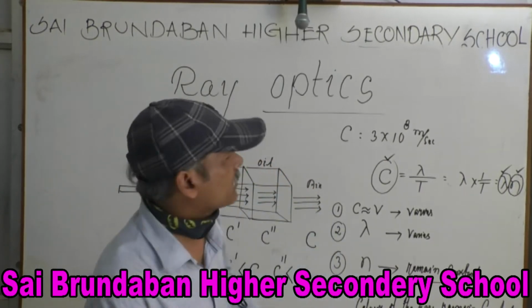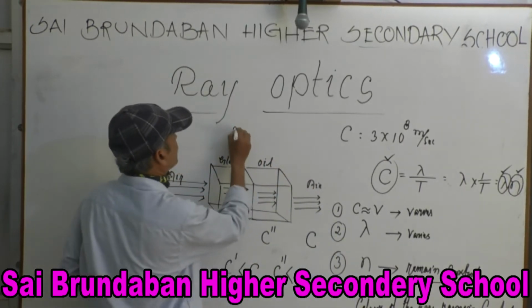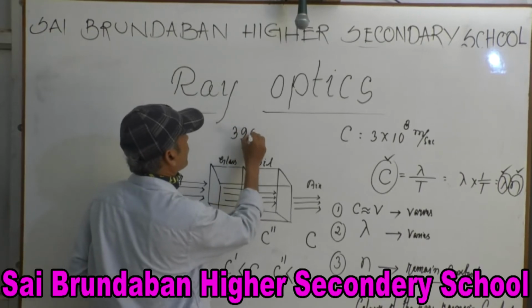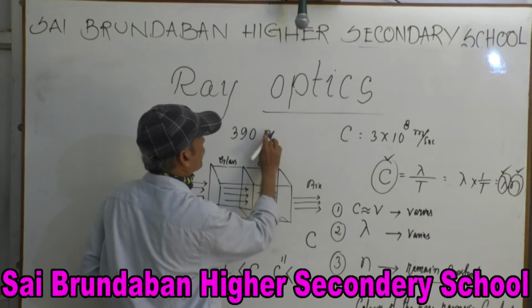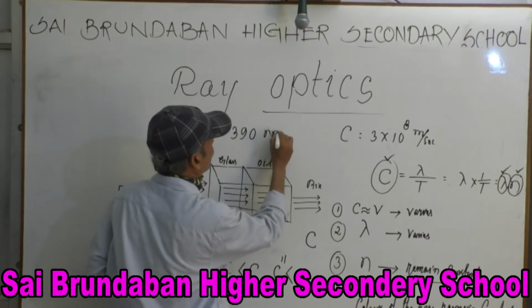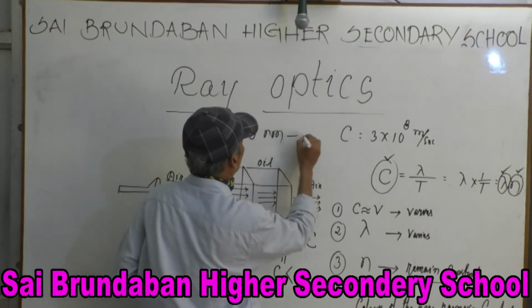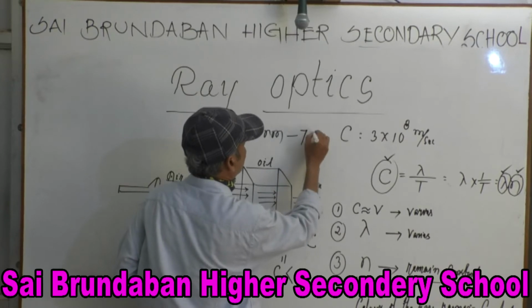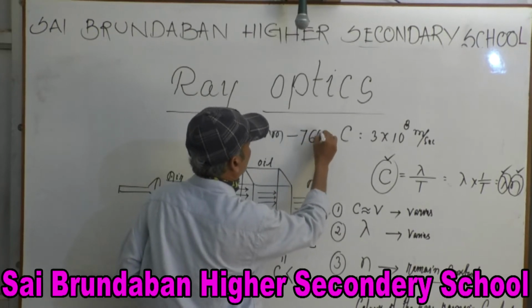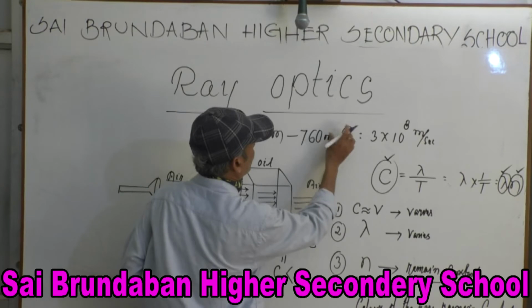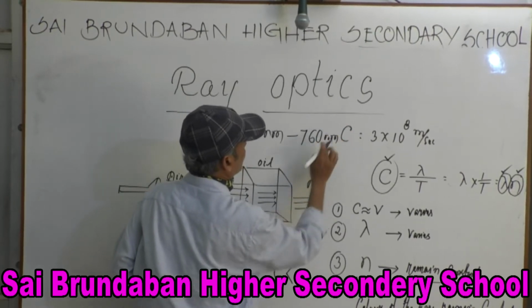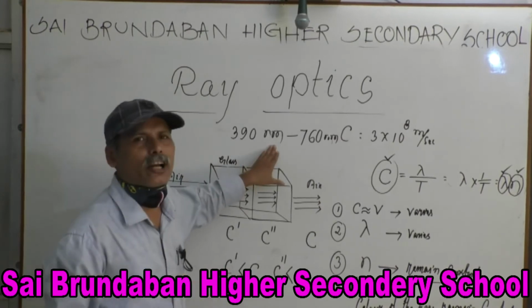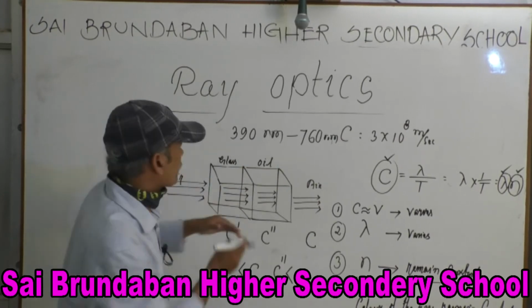Exactly it is 390 nm to 760 nm. nm means nanometer.